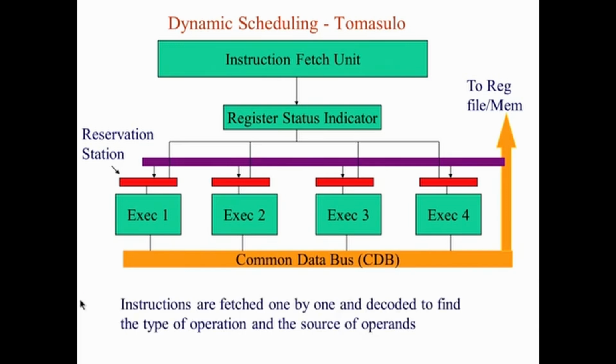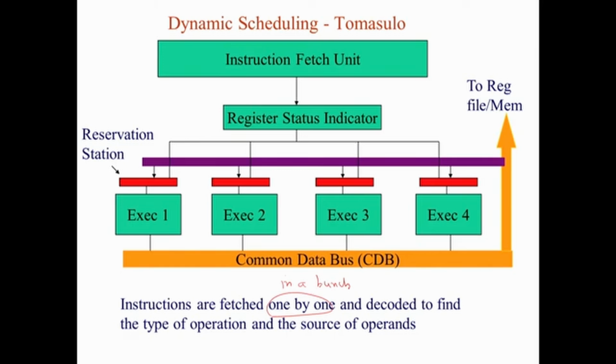So instructions are fetched one by one and decoded to find the type of operation and the source of operands. This is in general. Instructions are fetched in a bunch and decoded to find the type of operation and the source of operands.